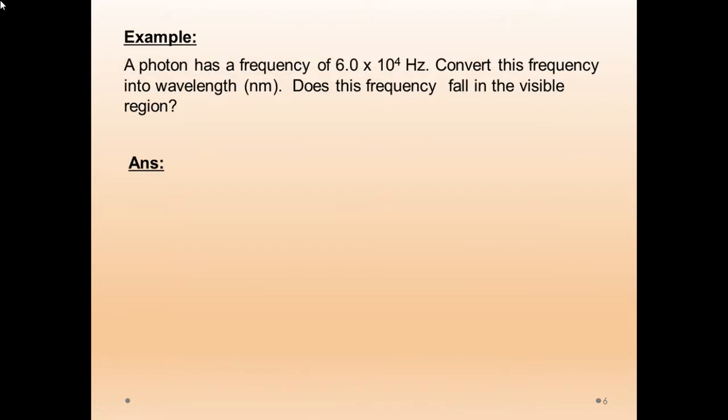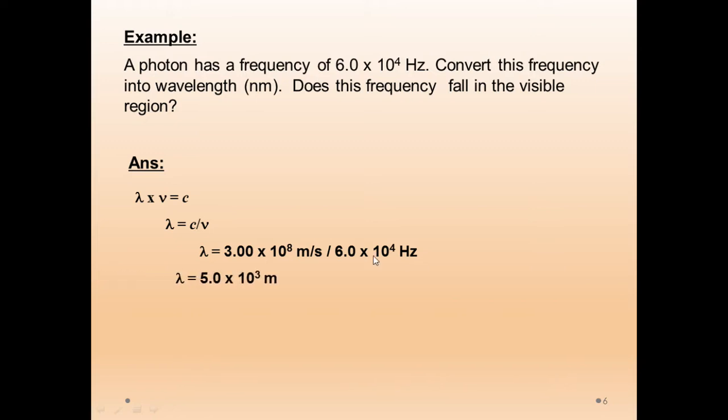As shown here, we substitute into the formula: lambda times frequency equals the speed of light. By rearranging the formula, we get this, and we know the speed of light is a constant, and the frequency is given in the question. By substituting, I manage to calculate the lambda, the wavelength of this photon.